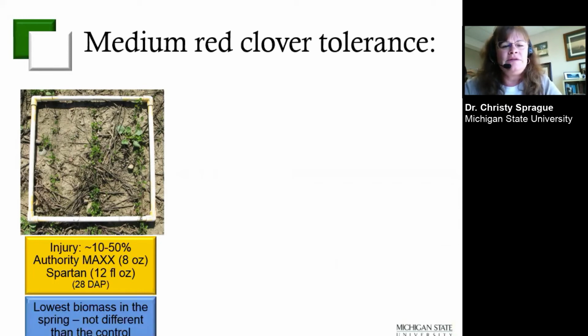When we look at the biomass, basically we looked at biomass in the spring, and we really saw that there was no differences on the control for those 2 herbicides. However, they were the lowest biomass that we saw compared to many of the other herbicides that we had used.